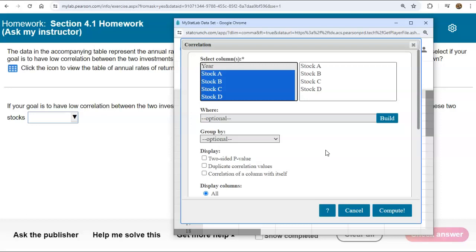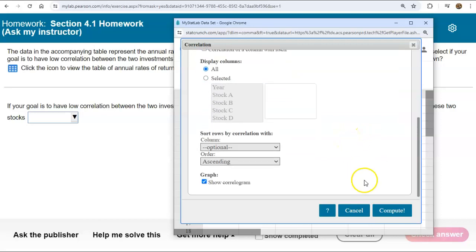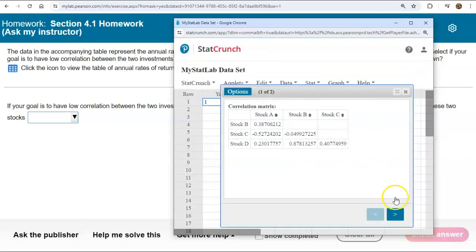So in problem number 12, you were looking at how two things correlated, and you could draw a scatter plot to see how those two things correlated. So this is basically looking at how A correlates with B and A correlates with C. And so it does all of this, and what it creates is a matrix. We're just going to hit compute.